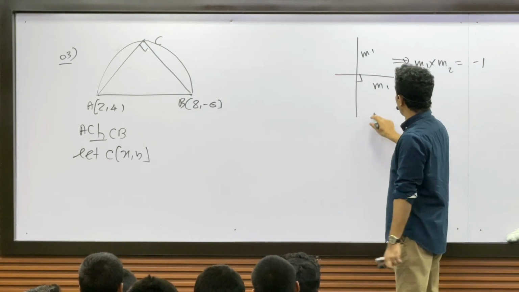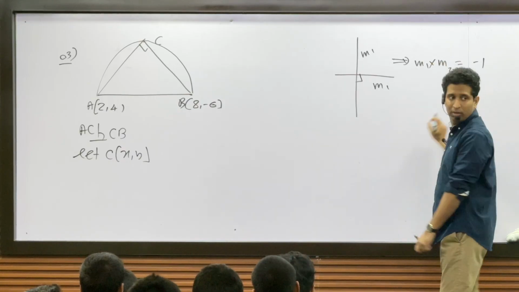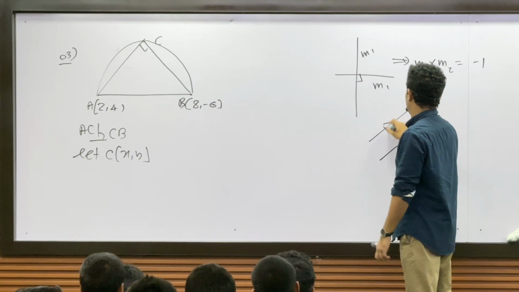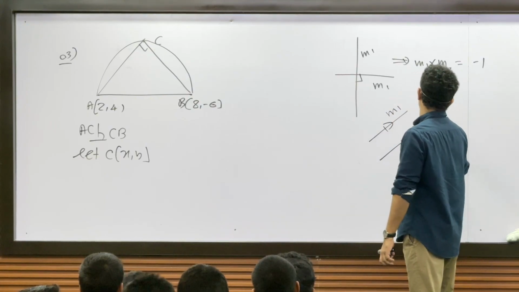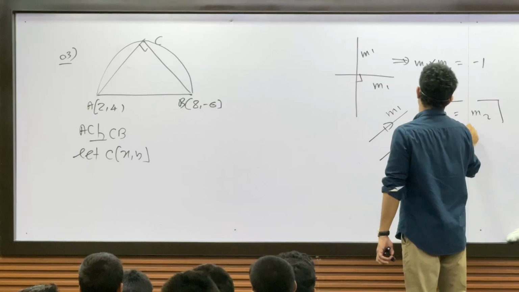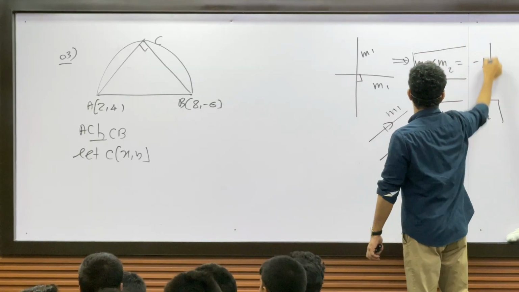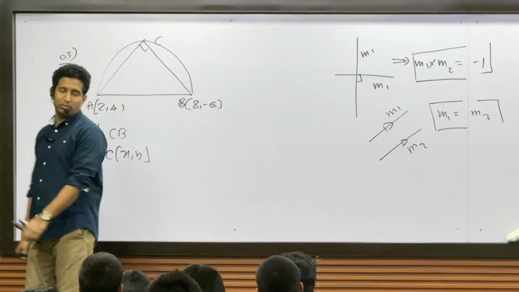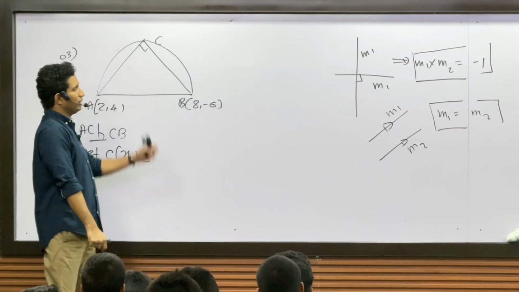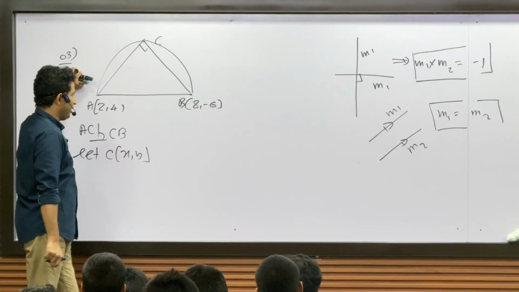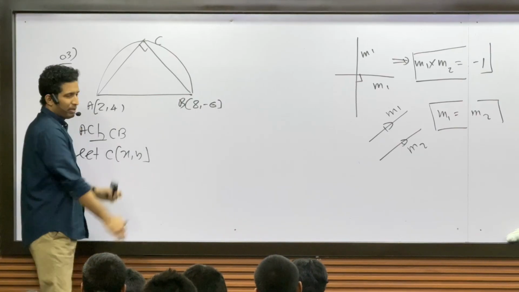When two lines are perpendicular, the product of gradients is minus 1. And when two lines are parallel, m1 equals m2. Here we have taken C as (x, y). Now we need to find the relationship between x and y.